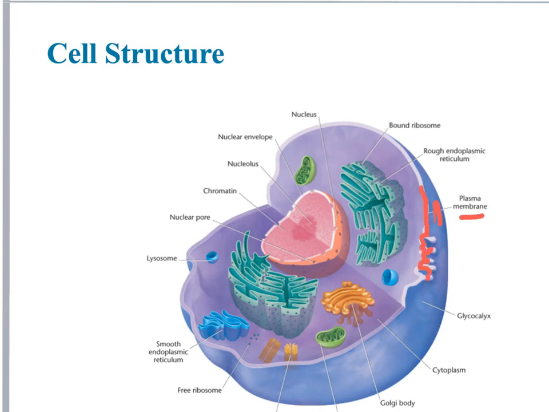The plasma membrane itself is a double layer membrane, so it's often referred to as a bilayer phospholipid membrane. The lipids point inward. Oftentimes you look at it this way, and you have the head and the tail.